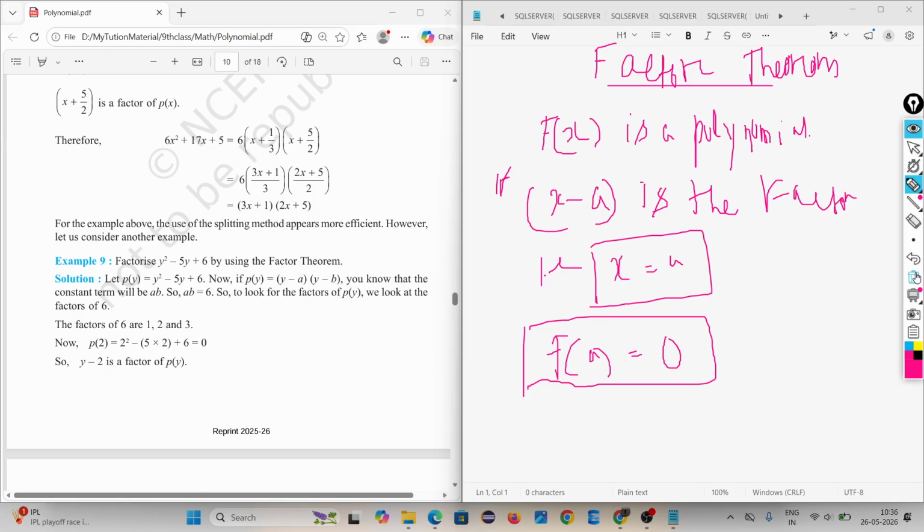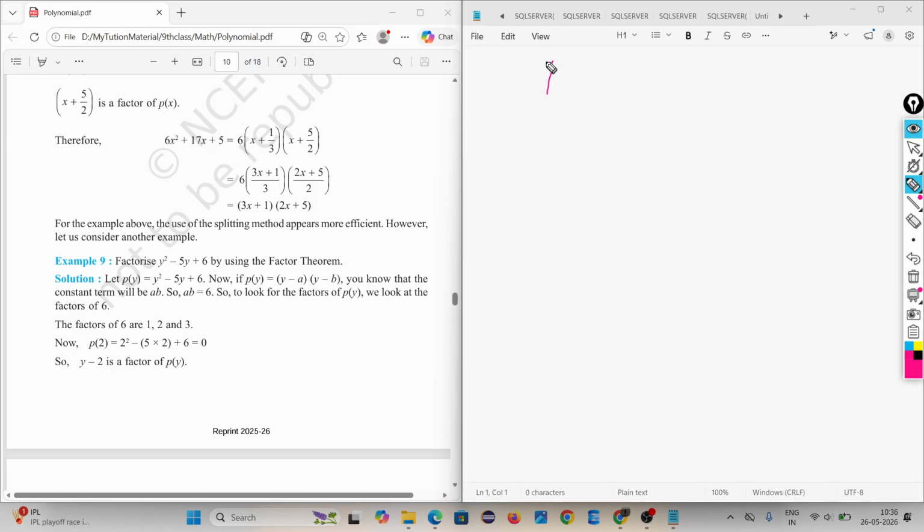Okay, then how to factorize a linear polynomial. A linear polynomial means degree 1. Suppose this is a linear polynomial, we have to find the factor. How to find?